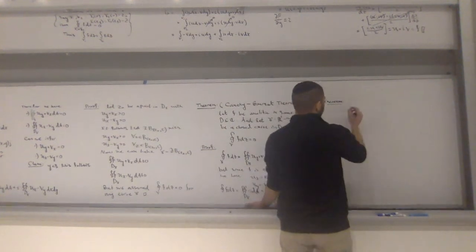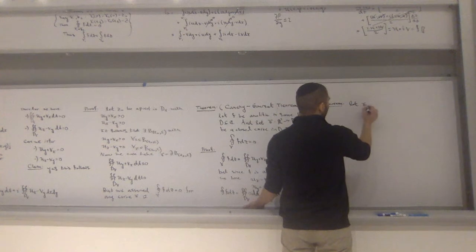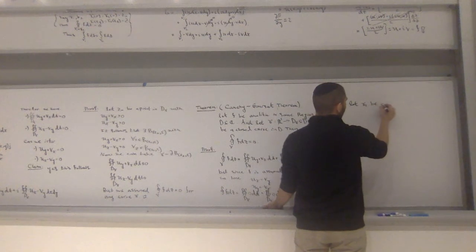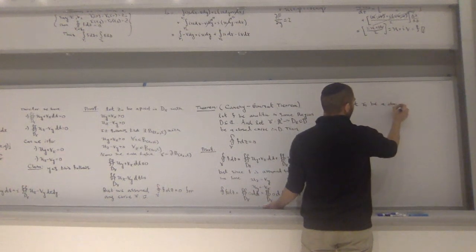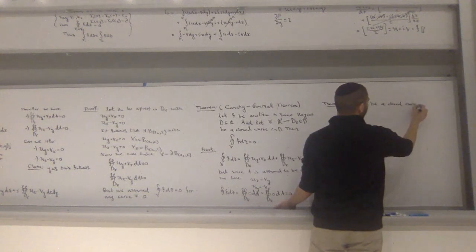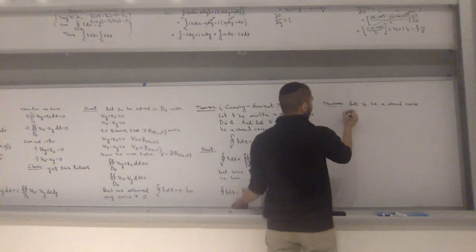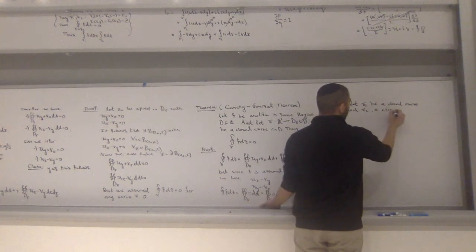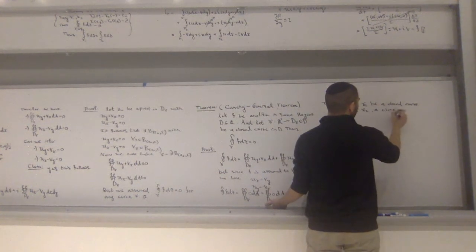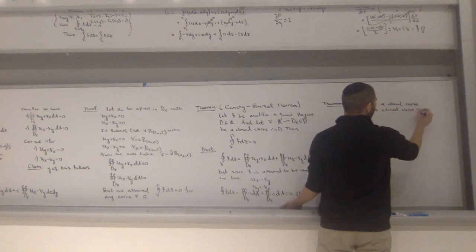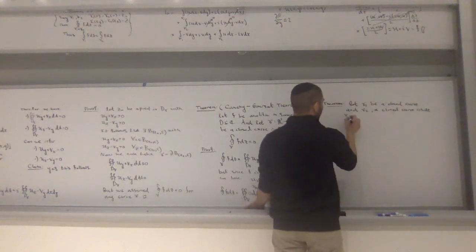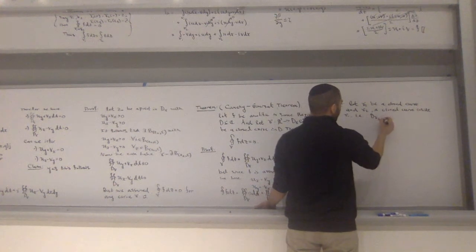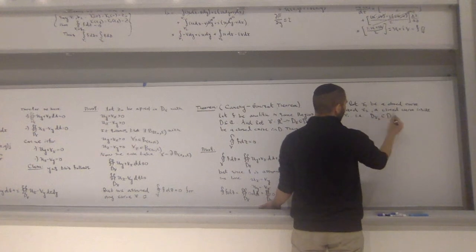Define, so let gamma 1 be a closed curve, and gamma 2 a closed curve inside gamma 1. In other words, d gamma 2 is a complete subset of d gamma 1.